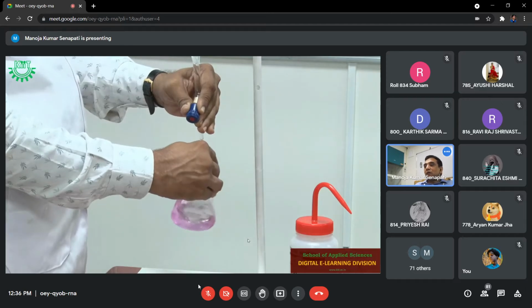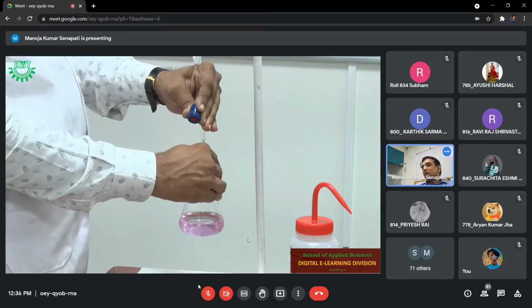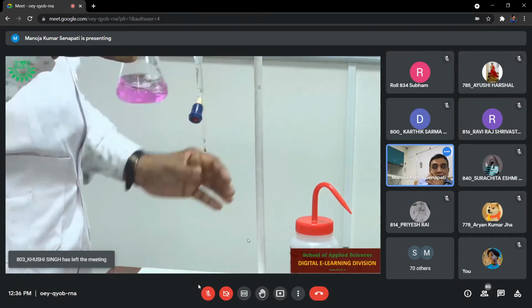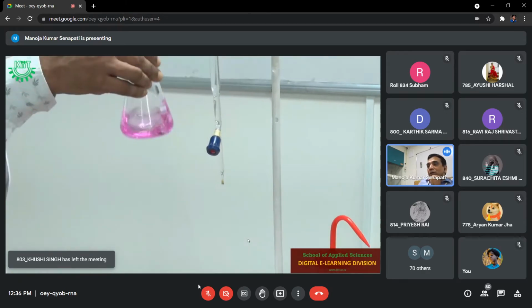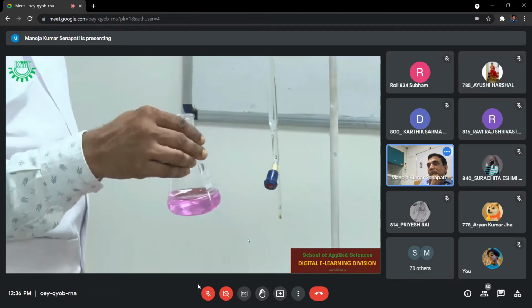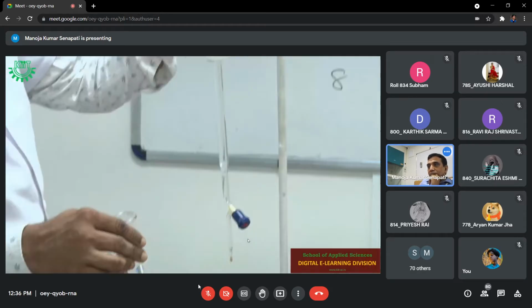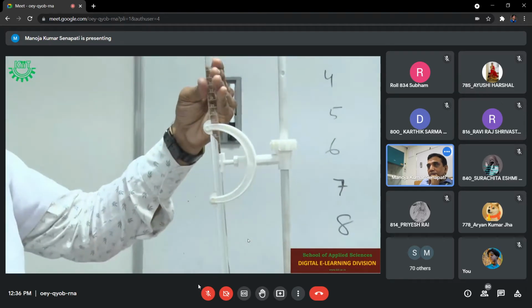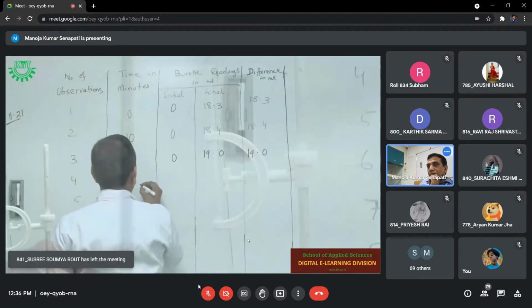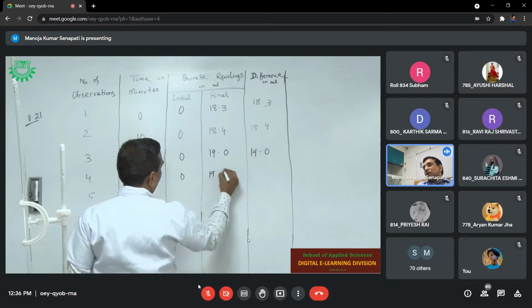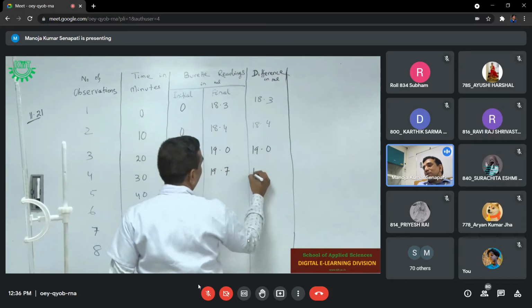Okay, you can see now the color is changed. And record the observation. What is the final burette reading? We have started from 0. Final burette reading is 19.7. Difference is 19.7.